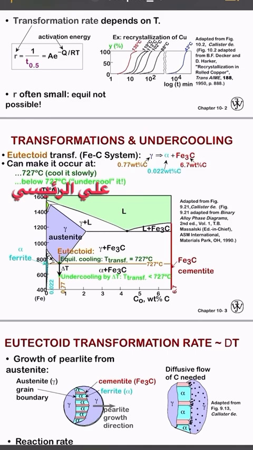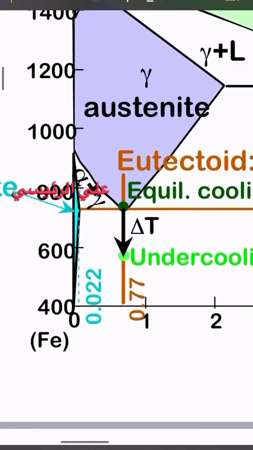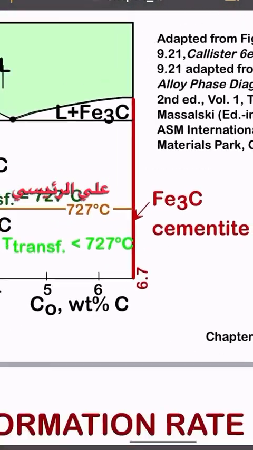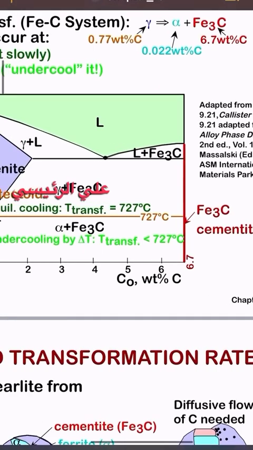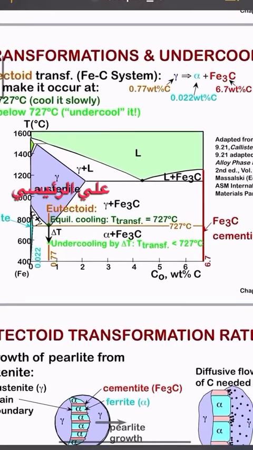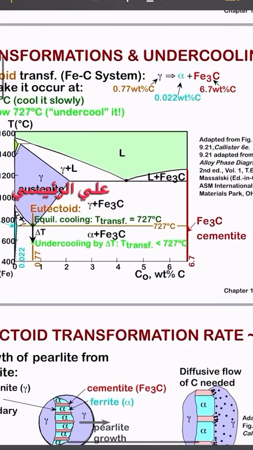Below ferrite and cementite, you draw all this information, like drawing a line below the ferrite and a line below the cementite. In this brown color, you join a line from cementite to ferrite, or opposite, from ferrite to cementite.